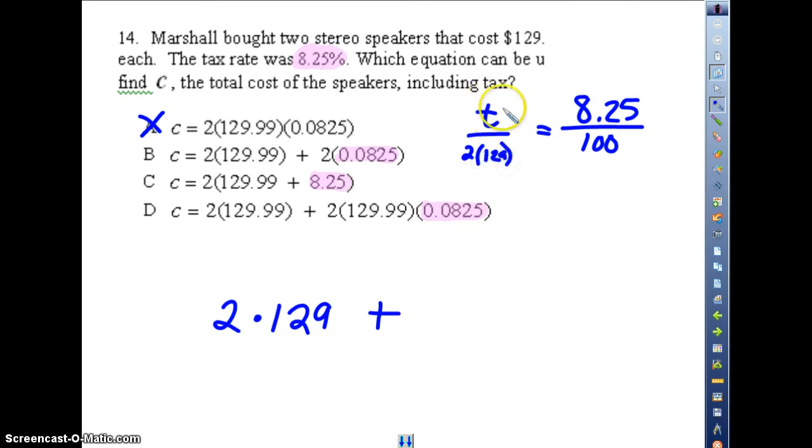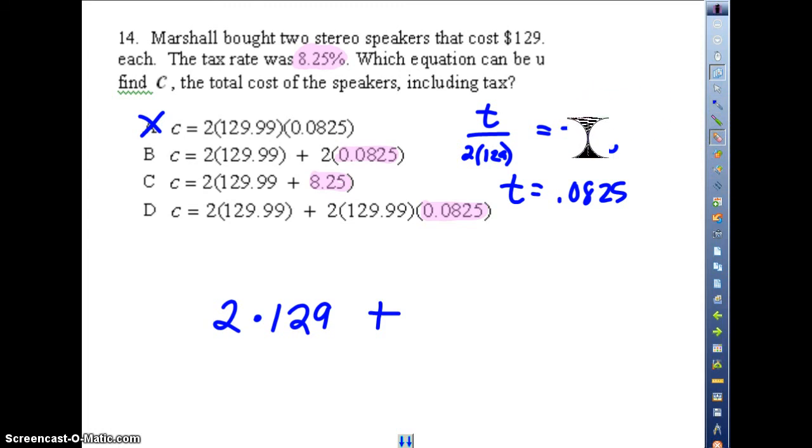How do I get t by itself and get rid of division by 258? Yeah, I have to multiply both sides by 258. So my tax amount turns out to be, well, if I take 8.25 and divide by 100, I get 0.0825. That's shorthand for this right here.